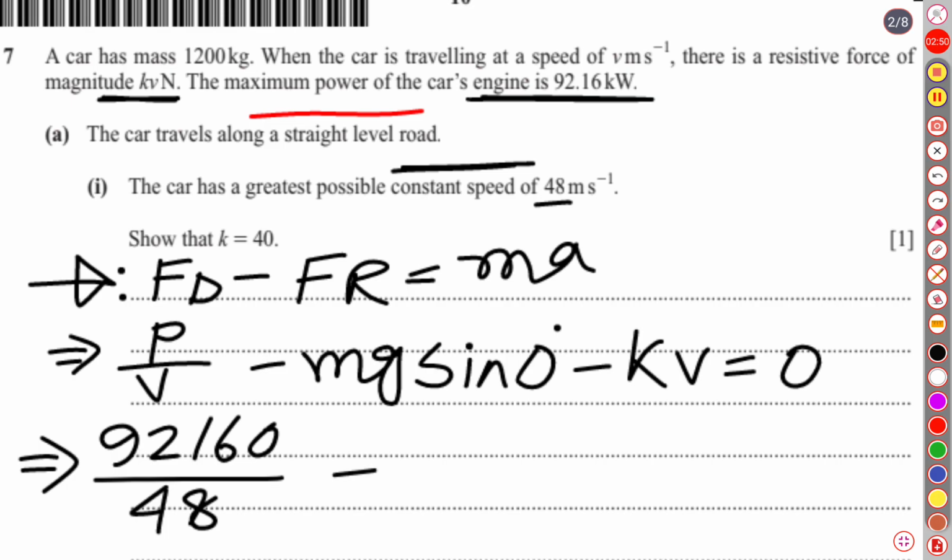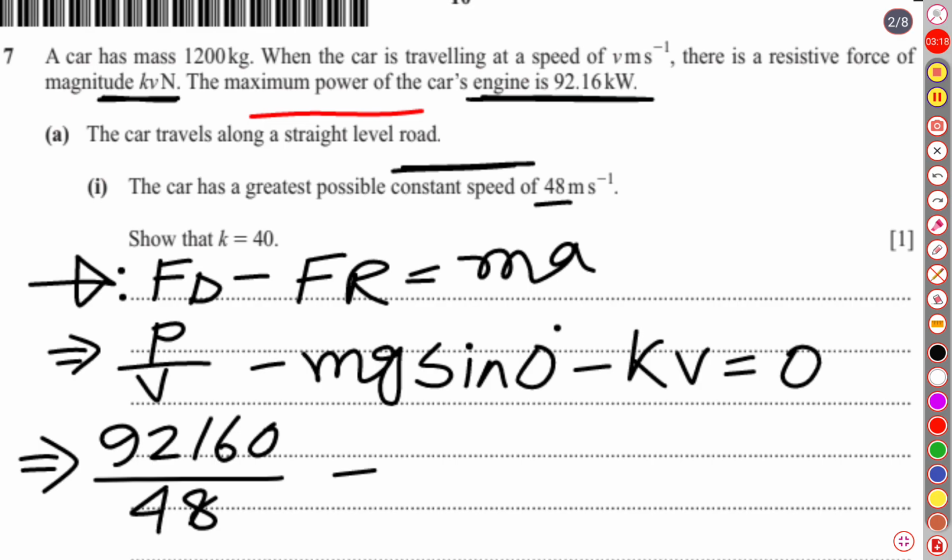Sine 0 is equal to 0, so in most cases we avoid writing this so that you don't get confused. It doesn't mean that weight is not playing a role. Weight must be calculated both in horizontal and vertical ways.